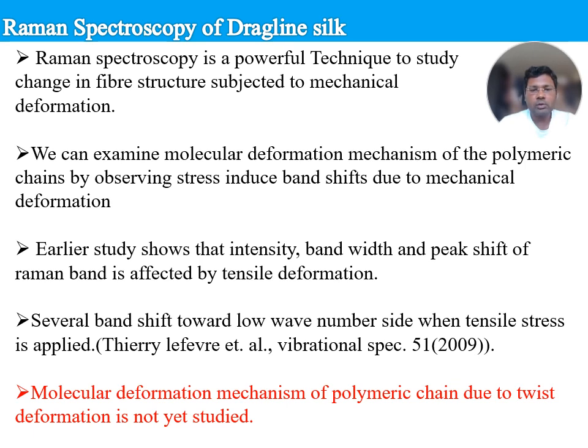Earlier studies show that the intensity, bandwidth and peak shift of Raman bands are affected by tensile deformation, and we will look for the same under twist deformation. Several bands shift towards lower wave numbers when tensile stress is applied. This is already reported in the literature. And here I will try to explore the molecular deformation mechanism of polymeric chains in spider silk due to twist deformation.